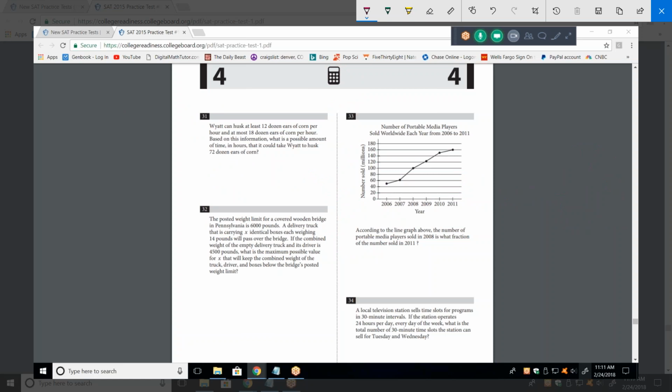You get 1 over hours. So that will always answer your question as to how to do these kind of problems. But actually, this is a good point where if I have corn divided by corn per hour, I got to flip that and multiply, giving you hours, which is correct. You need hours in the numerator.